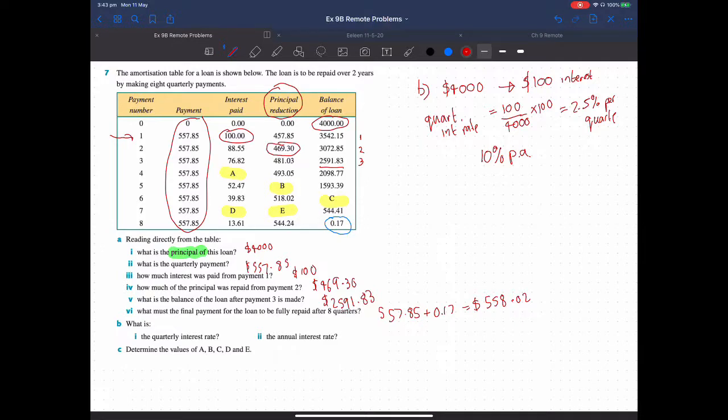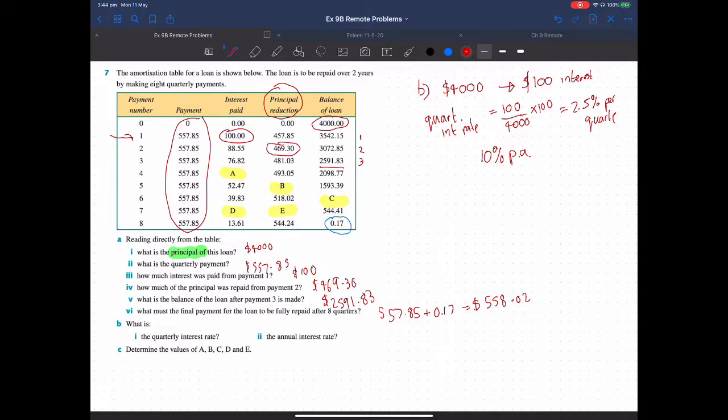As an easy one to see this, if you look at payment 1, you should note $557.85 minus $100 is $457.85. If you look at payment 2, $557.85 minus $88.55 is $469.30, and so on.